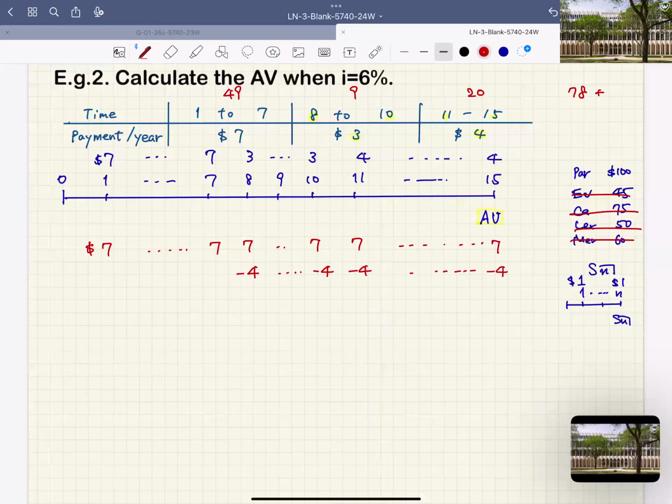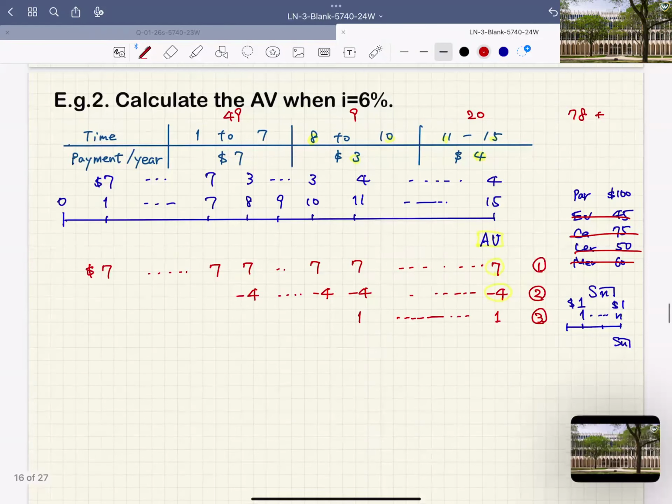In this way, still the last payment is at t equal to 15, which we need to use the s angle n formula. And next, $4 payments. So to make 3 into 4, we add $1. So we consider $1 payments from t equal to 11 to 15. So we want to calculate the total value of this 1, 2, and 3.